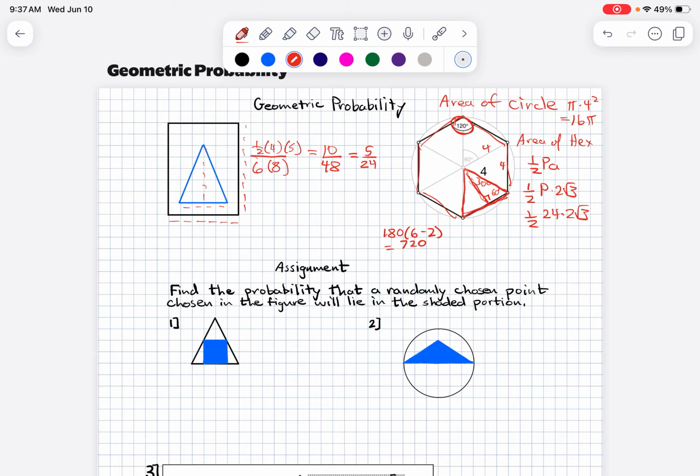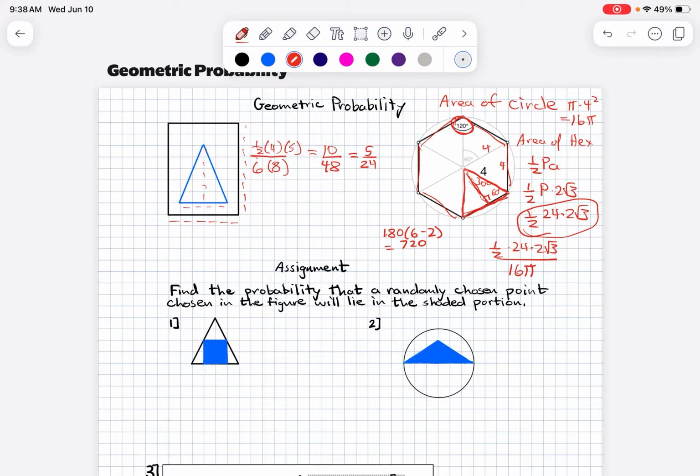So the probability of your randomly selected point falling inside that hexagon is going to be 1/2 times 24 times 2 square roots of 3 over 16 pi.